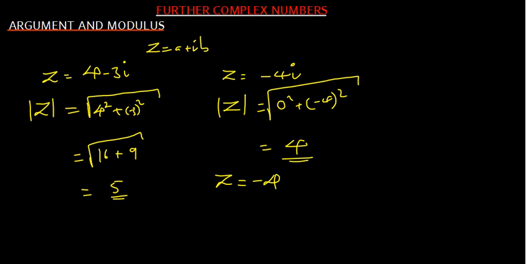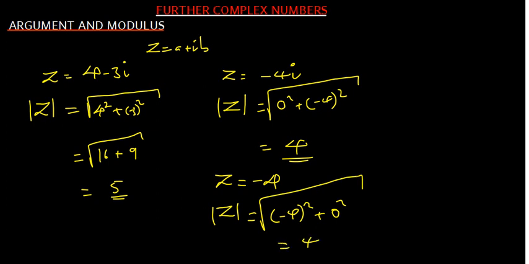All real numbers are complex numbers, so they are a subset. So this is also a complex number, but it doesn't have any imaginary part. So the absolute value is going to be the absolute value of the real part. So the real part, you square it. The imaginary part we don't have. So negative 4 squared is 16. The root of 16 is a positive 4. So that is the absolute value.